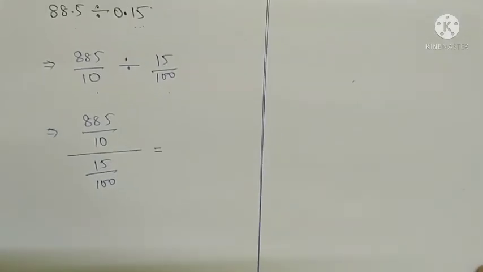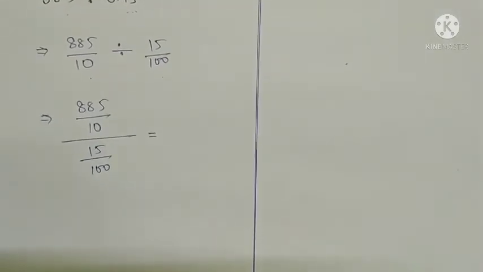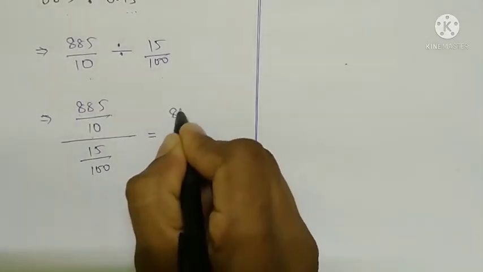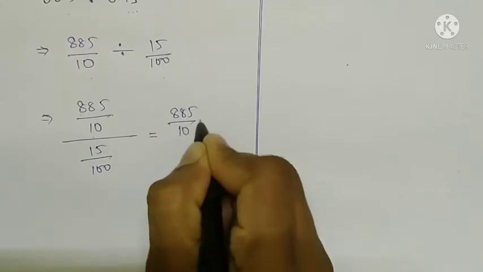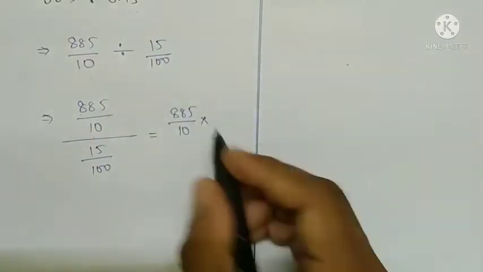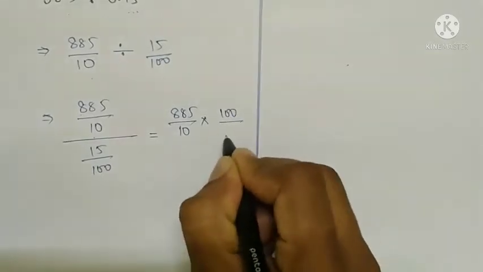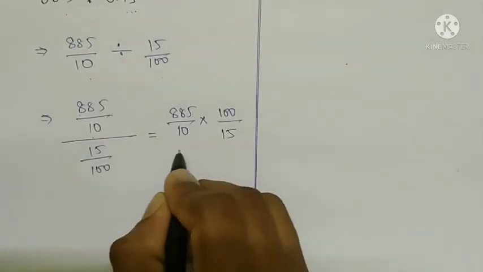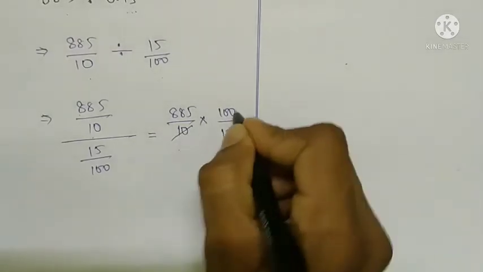We have to multiply this 100 by 15 with 885 by 10. So 885 by 10 into the reciprocal form of the denominator, 100 by 15. So here 10 how many times divides 100? 10 times, right?